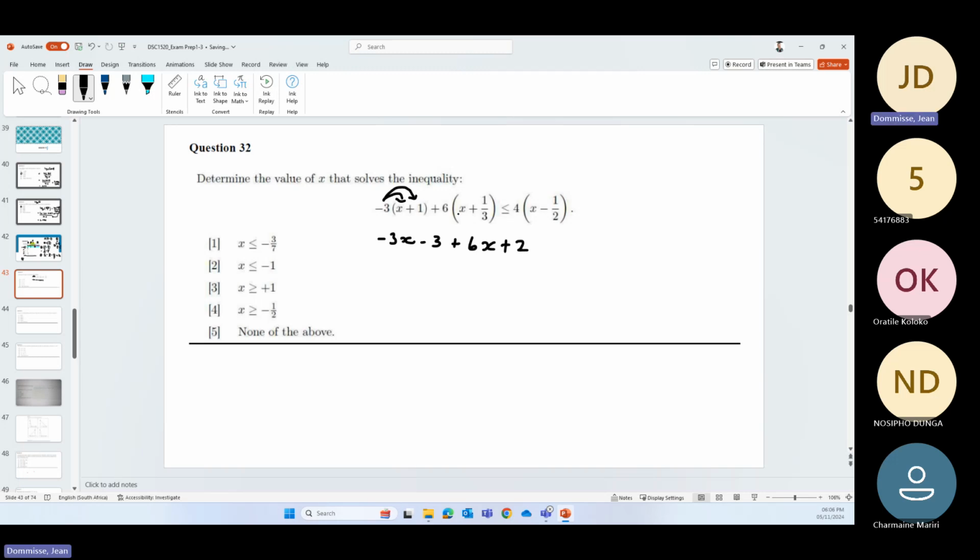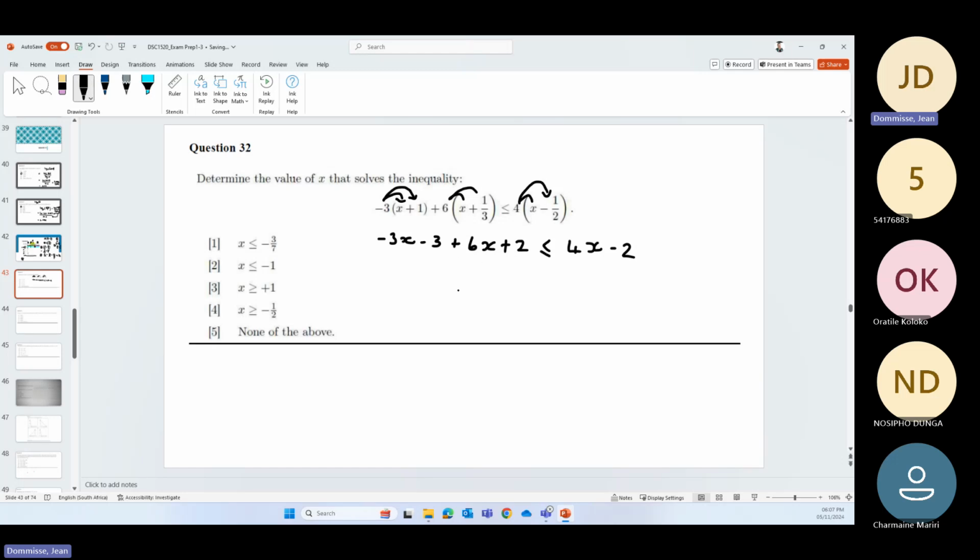So everything we've multiplied out on the left-hand side. So we put in the sign and then we just multiply out on the right-hand side. So 4 times x is 4x. 4 times minus a half is minus 2. Okay, so we've done a bit of multiplication.